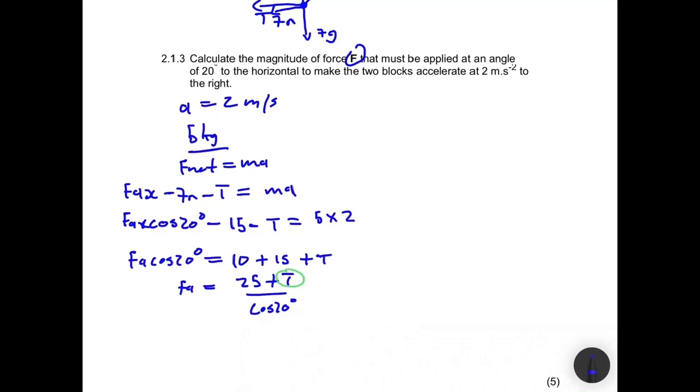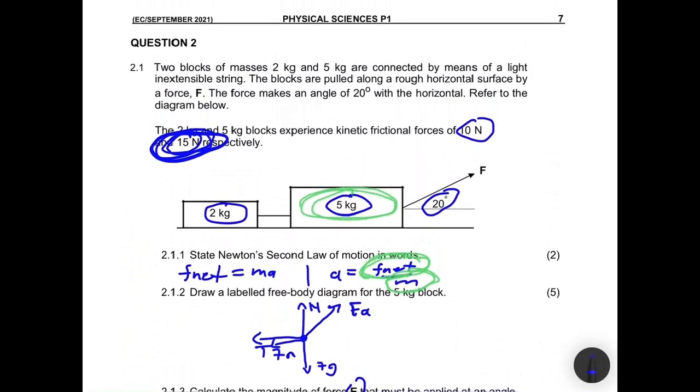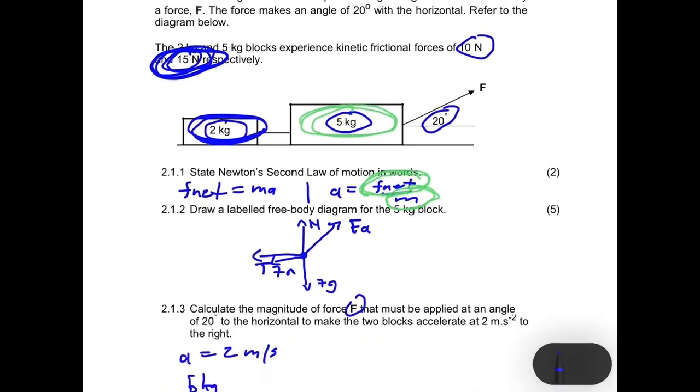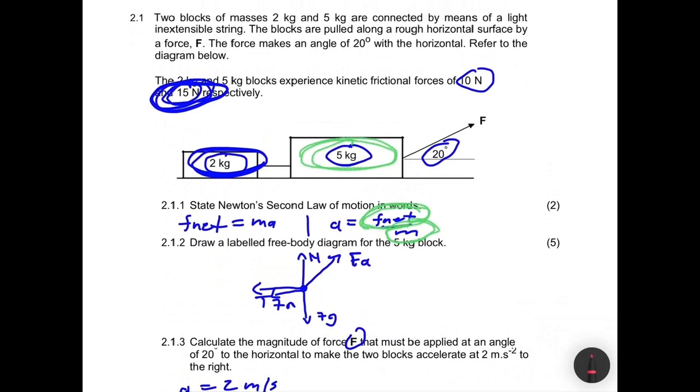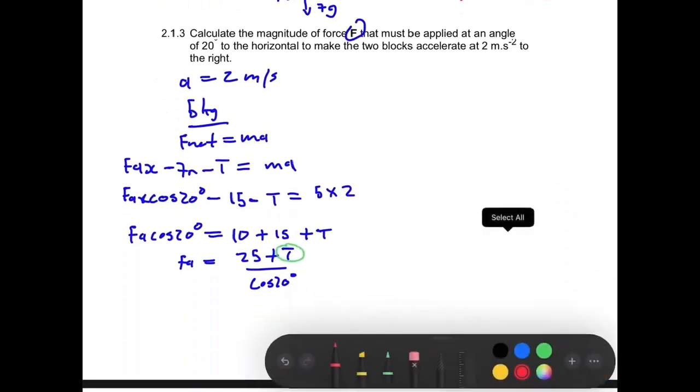So we have already used the 5 kg block. What we can do now is use the 2 kg block and see if we can get the tension from the 2 kg block. From the 2 kg block, there is the tension that is pulling it to the right and the frictional force that is pulling it to the left. So we're going to have something of this manner.